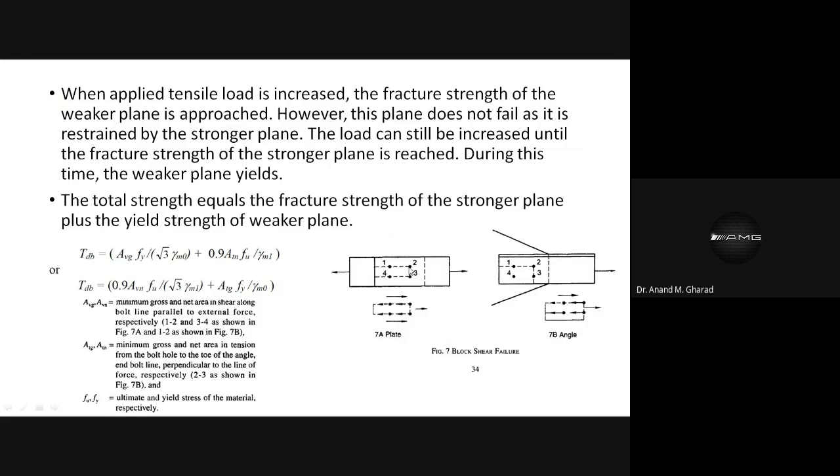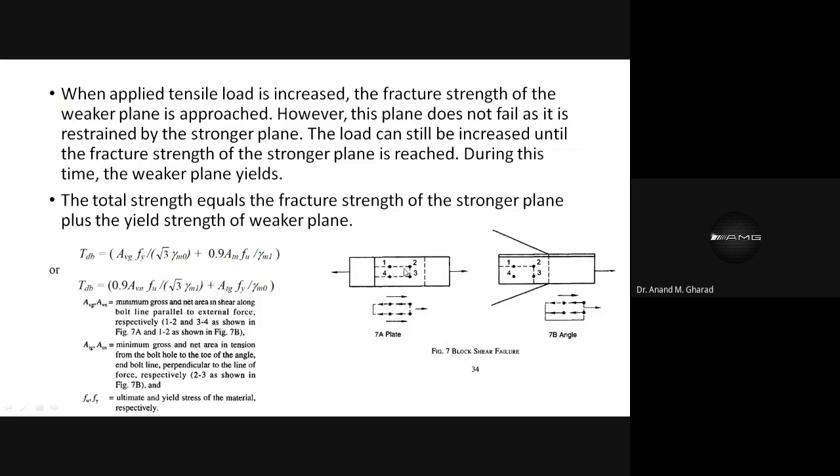The stresses will reach into this stronger plane, and now this strong plane will be subjected to the yield stress. With the further increase in the loading, this yield stress capacity is utilized and then it will go into its ultimate stress. And once the ultimate stress capacity of the stronger plane is reached, the failure will take place.